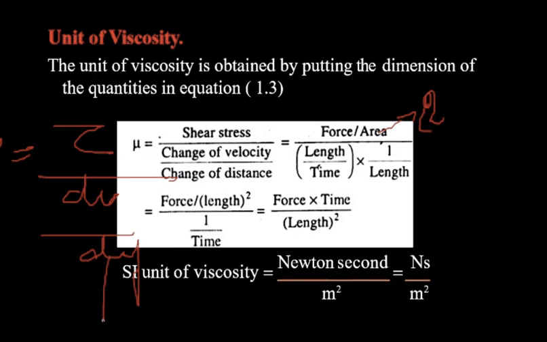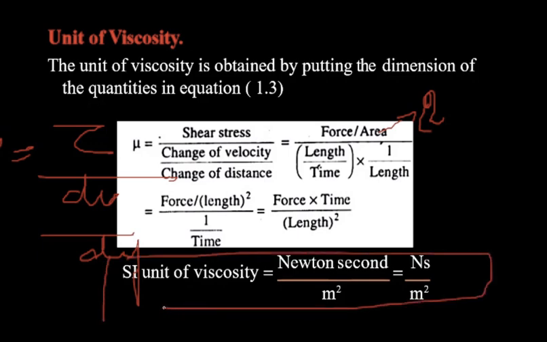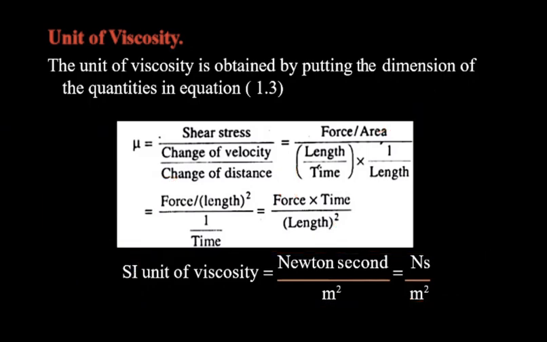What will be the SI unit? The unit of force is Newton, time is seconds, and length is meter. So the unit of viscosity will be Newton second per meter square.